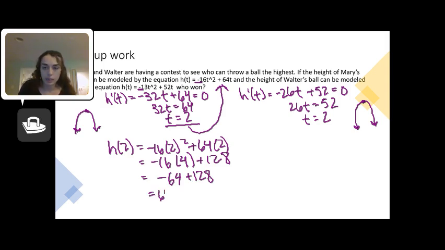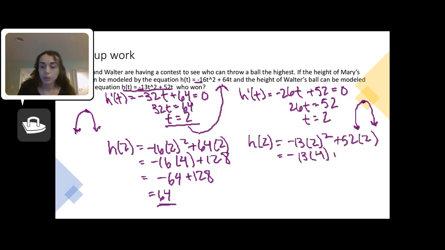We are going to do the same thing with Walter's, but we're going to plug it into his height equation. So we have negative 13 times 2 squared plus 52 times 2, which equals negative 13 times 4 plus 52 times 2, which is 104.